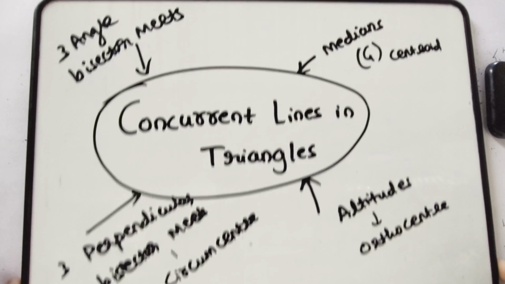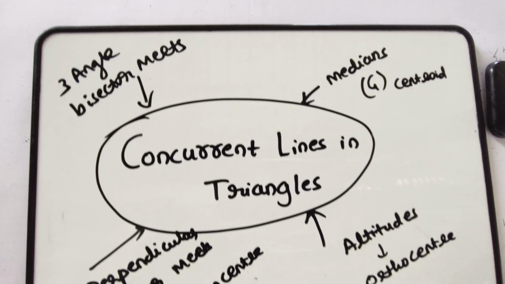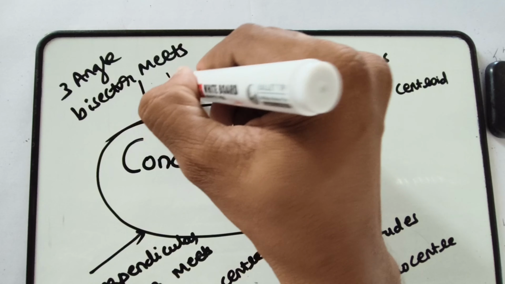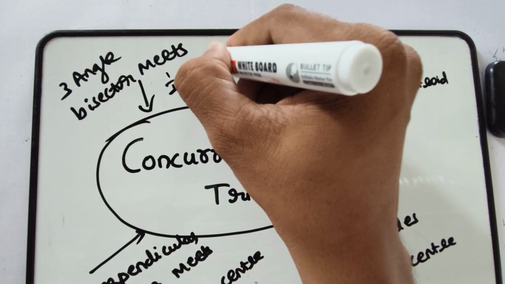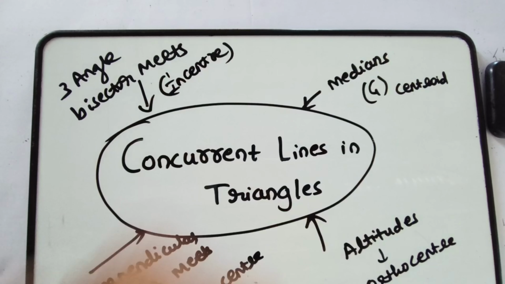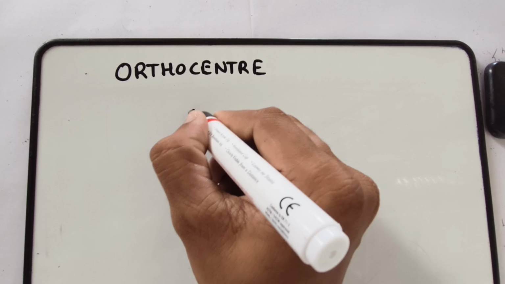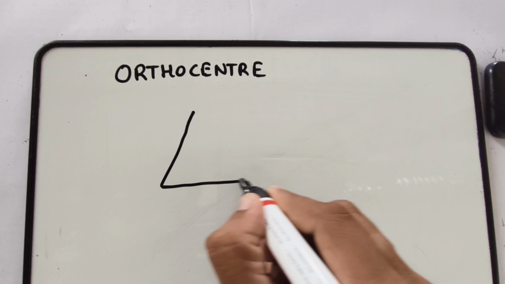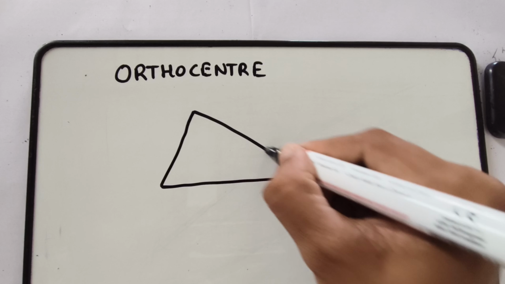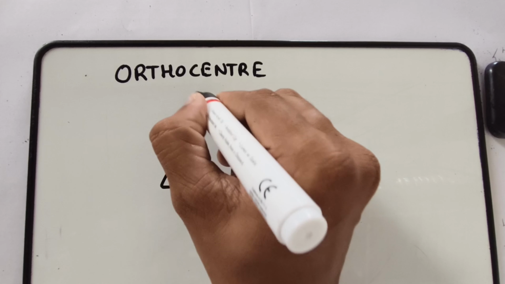And where three angle bisectors meet, it forms an incenter. See, median and centroid you already learned. Let us learn about orthocenter. What is orthocenter? Let us study now.